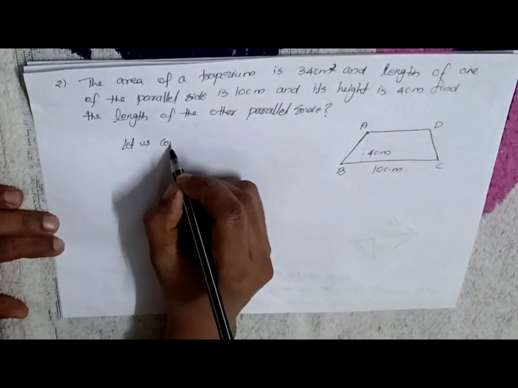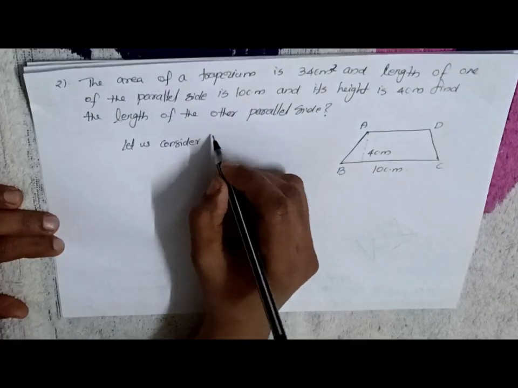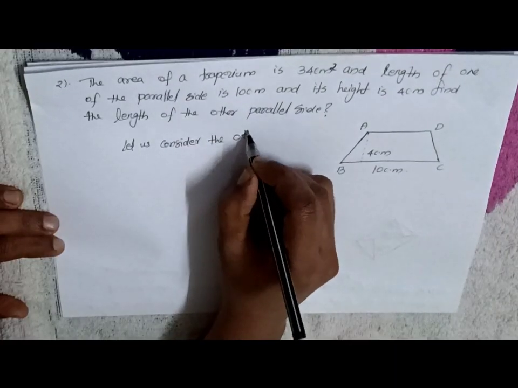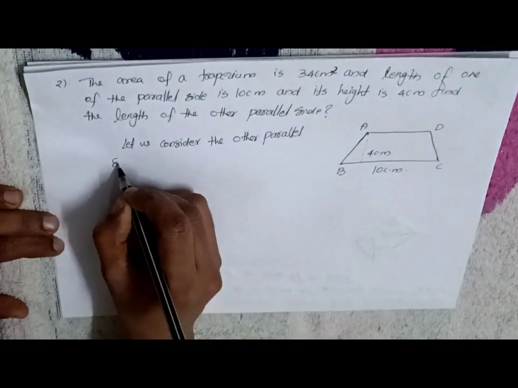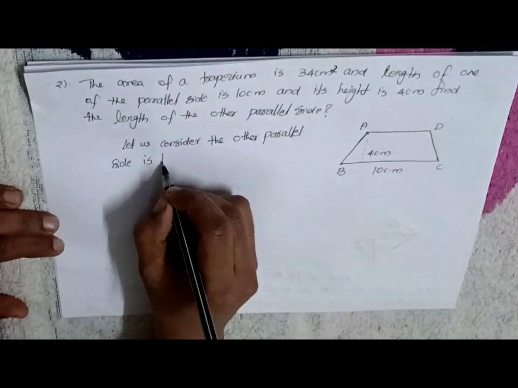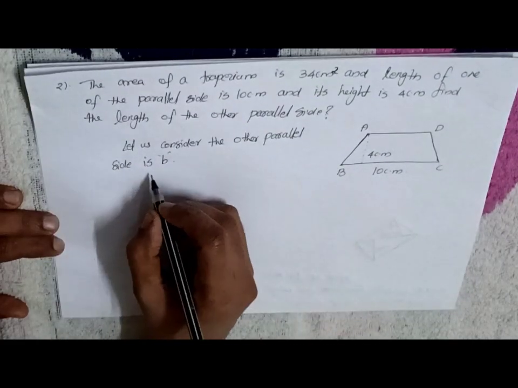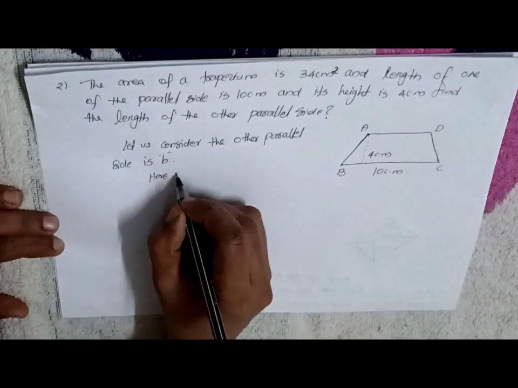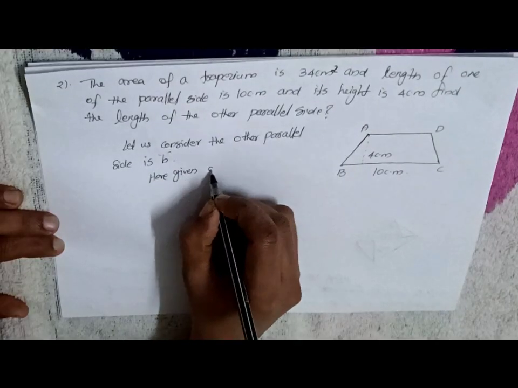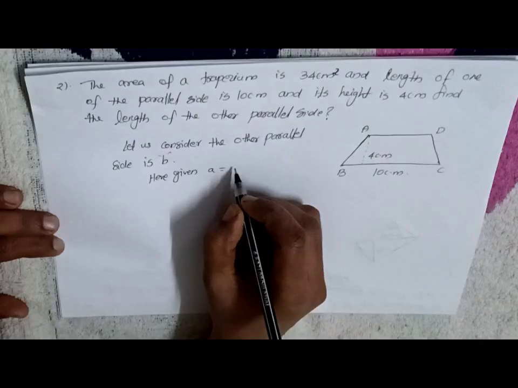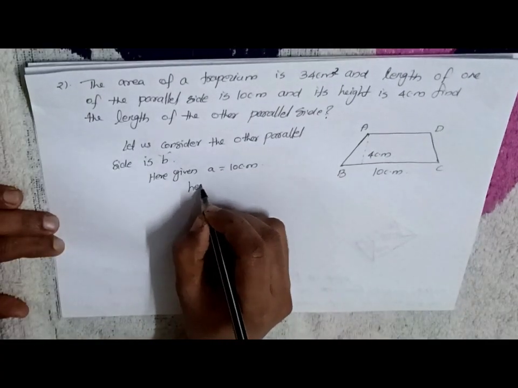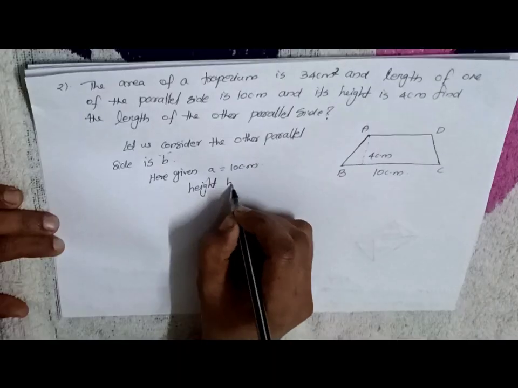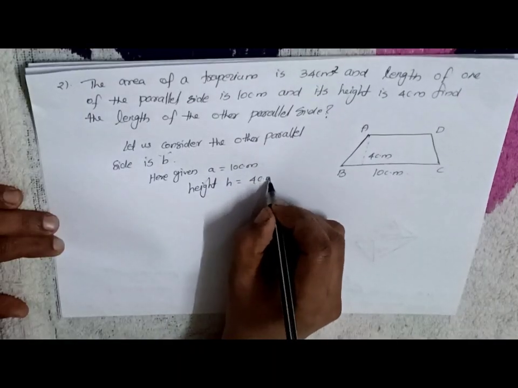Let us consider the other parallel side is B. Here given A equal to 10 centimeter, one parallel side, and height H equal to 4 centimeter.